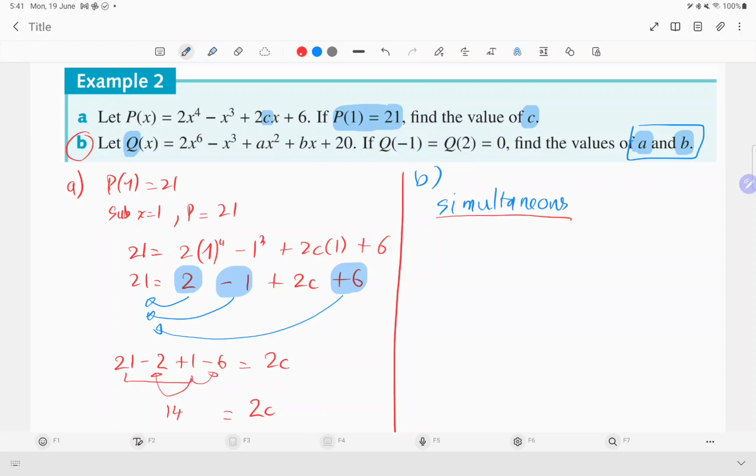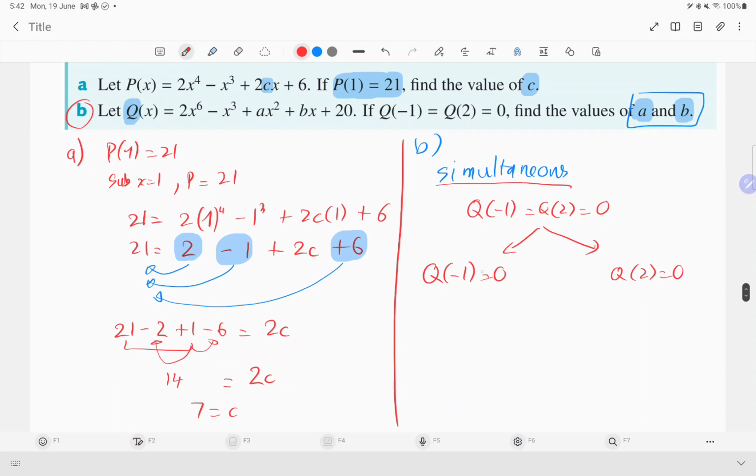Okay, so you technically need to split. Say this one, Q(-1) equals Q(2) equals 0. You technically have to split that into 2 main logics. The first one is that Q(-1) is 0, and the other one is Q(2) is also 0. If Q(-1) is 0, it means that when you sub x equals -1, the Q value is 0.